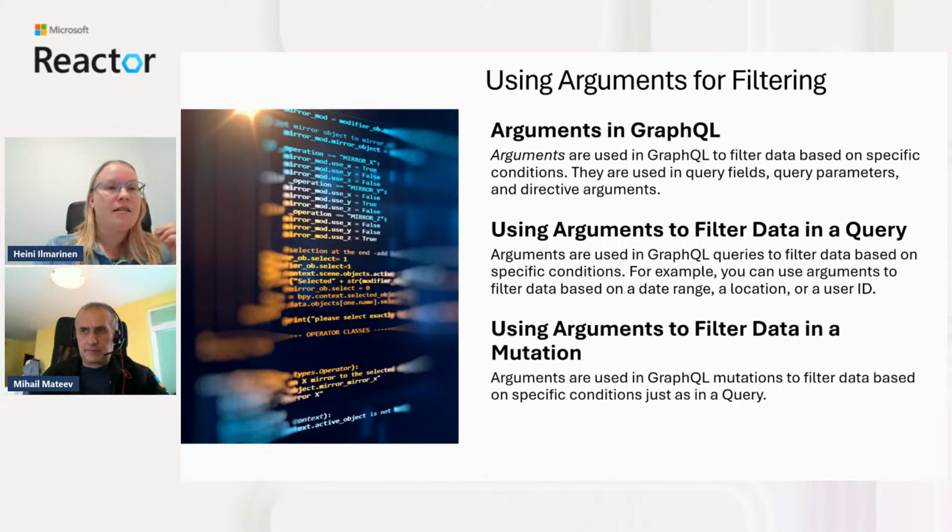And then we can, for example, find data based on a date range, for a specific user ID, or for a specific location. We will get to mutation in a little bit, but we can also use arguments to filter data in a mutation just as we can in a query.